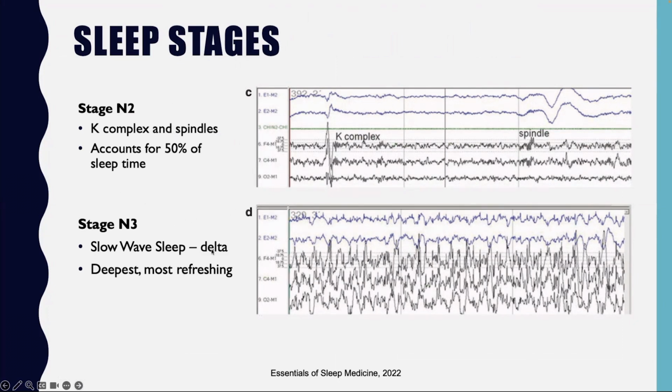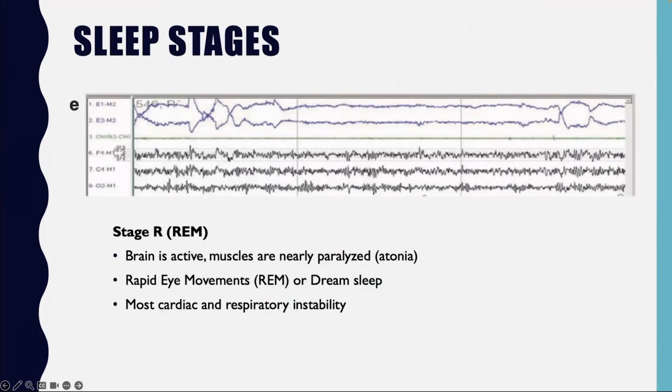Then you have stage N3 sleep, or stage 3 sleep, or deep sleep. You can see this is characterized by lower frequency delta waves and is responsible for us feeling refreshed when we wake up. This is the most stable sleep and the most refreshing sleep. Last but not least, we have REM sleep or rapid eye movement sleep, which accounts for about 20% of total sleep time, and it's responsible for memory consolidation.